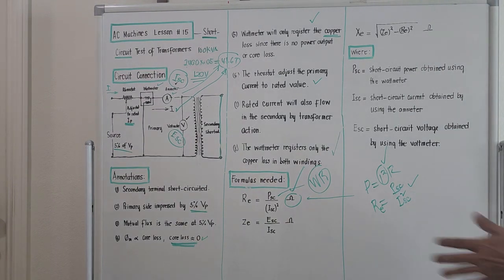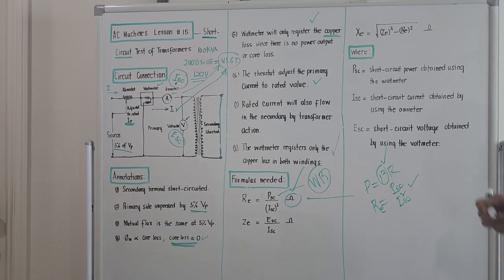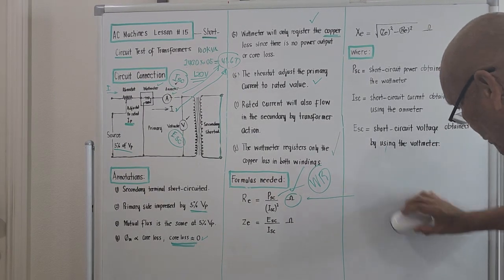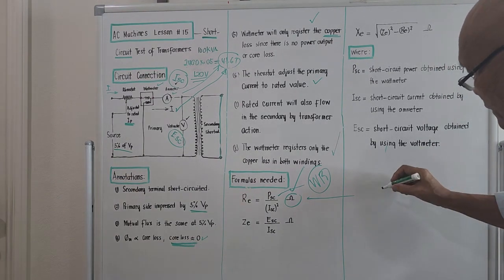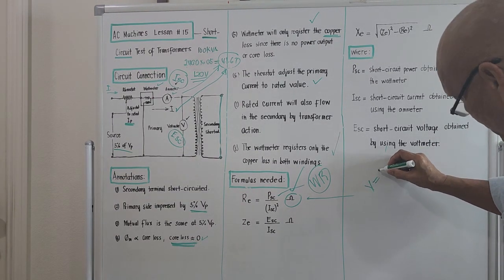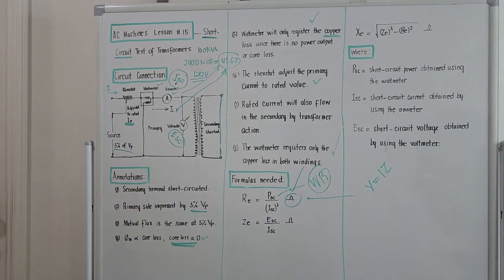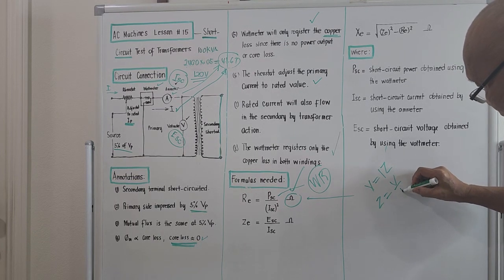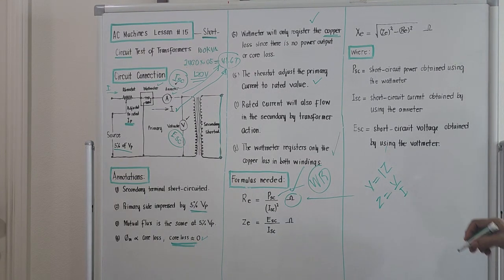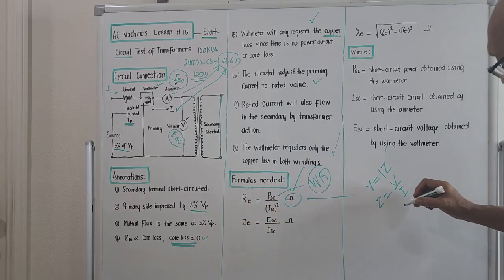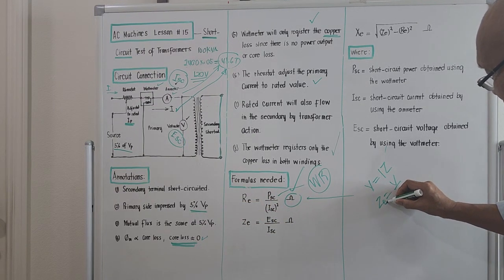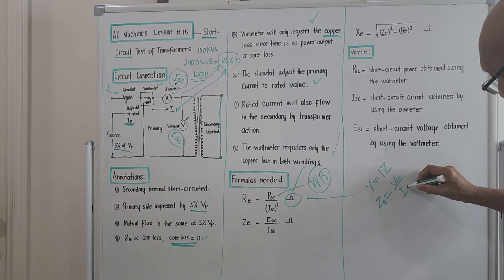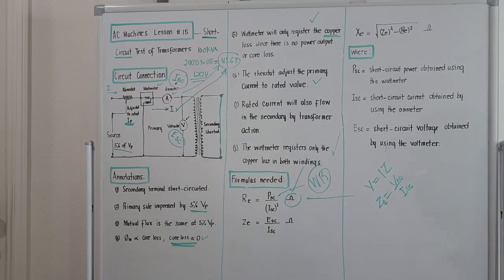Okay? For the equivalent impedance, okay, we'll try to reach this one. For the equivalent impedance, we know that voltage is equal to current times impedance, right? So if we try to compute for impedance, impedance will be voltage over current, right? So if we now try to place the proper subscript, if we place E here, okay, this voltage here will be short circuit voltage, and this is short circuit current.